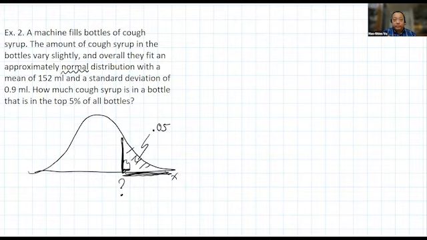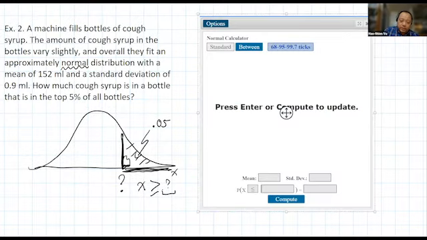The area is 0.05, and the interval that goes with this area is x greater than or equal to some number I don't know. If I think in terms of how this corresponds to StatCrunch, I will be able to fill in the blanks. Mean is 152. Standard deviation is 0.9.